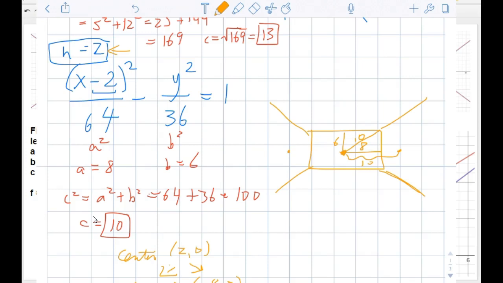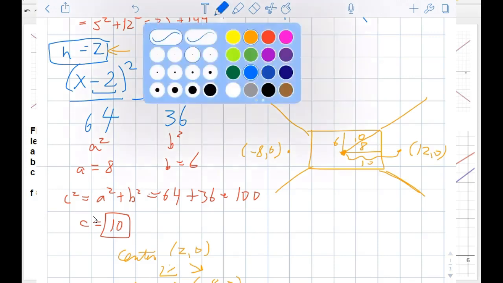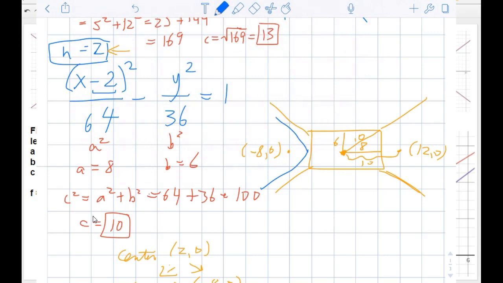So this focus on the right is actually at 12, 0, and this focus on the left is actually negative 8, 0, right? And this is a left-right hyperbola, as we said before. So the hyperbola graph would kind of look like this, right? And then of course the center was 2, 0.